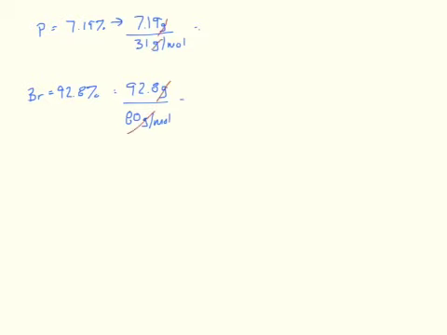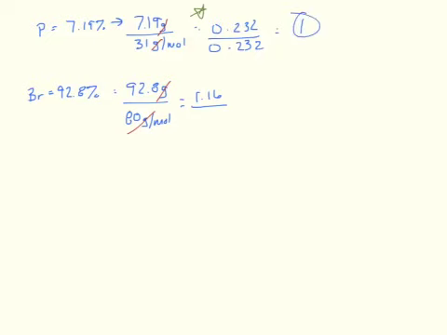Let's get this going. Phosphorus, you should end up getting 0.232, somewhere in that range for your moles. And for bromine, you're going to get 1.16 for your mole count. We can see a very small number of moles up here. Let's use that as our denominator. Oh, that division is nice.